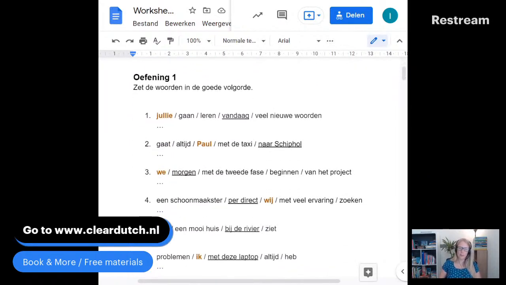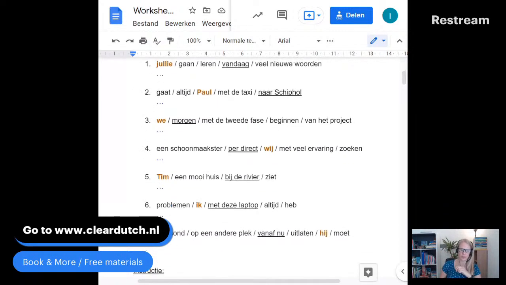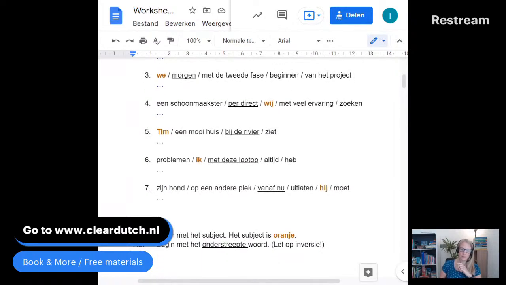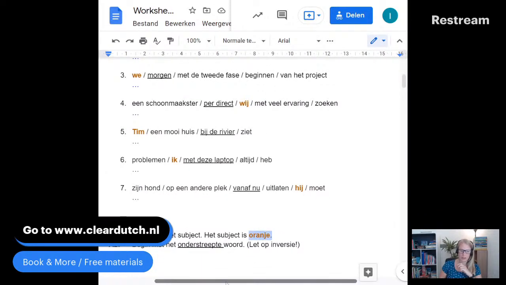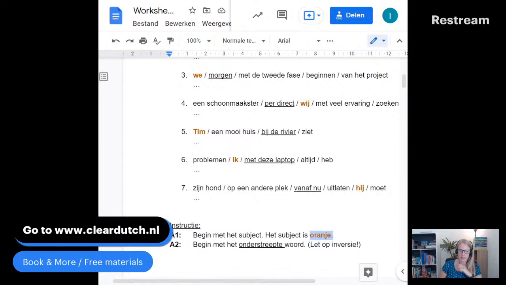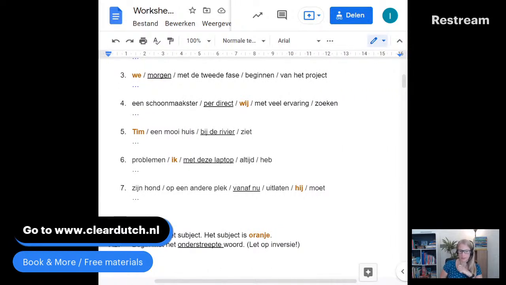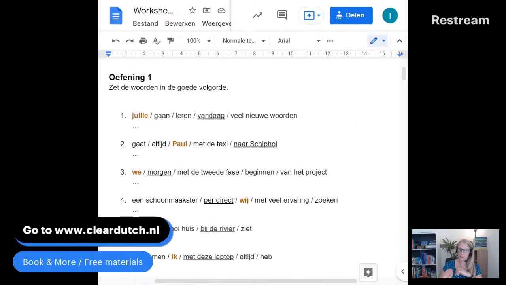So the idea is that you put the sentences in the correct order. The orange word is the subject, so I have already given you that. If you are a complete beginner, I would say make the sentence starting with the subject in the normal standard word order sentence.